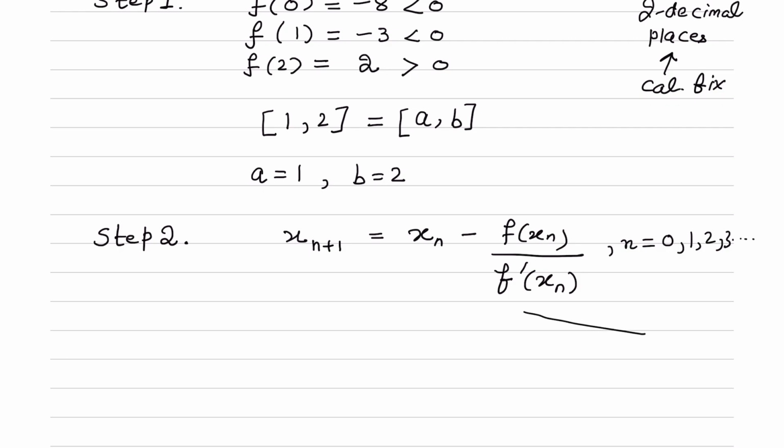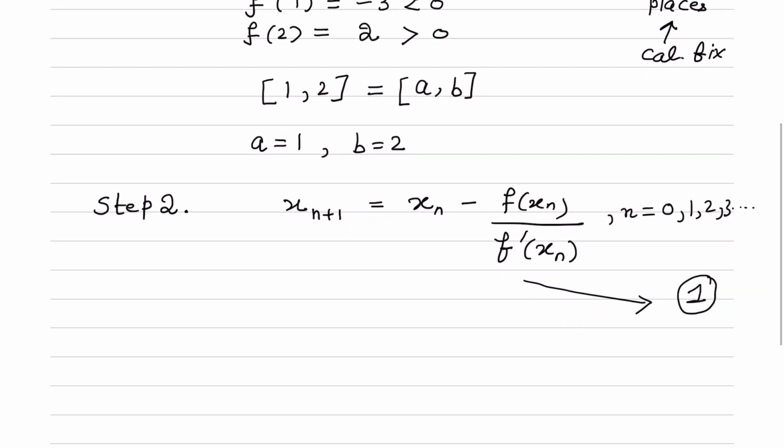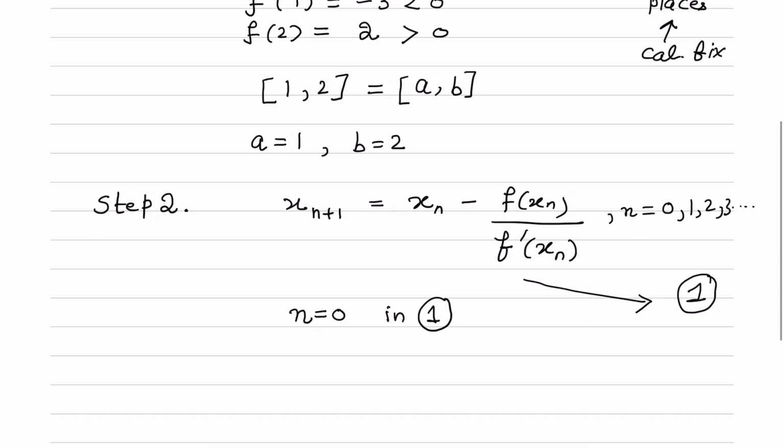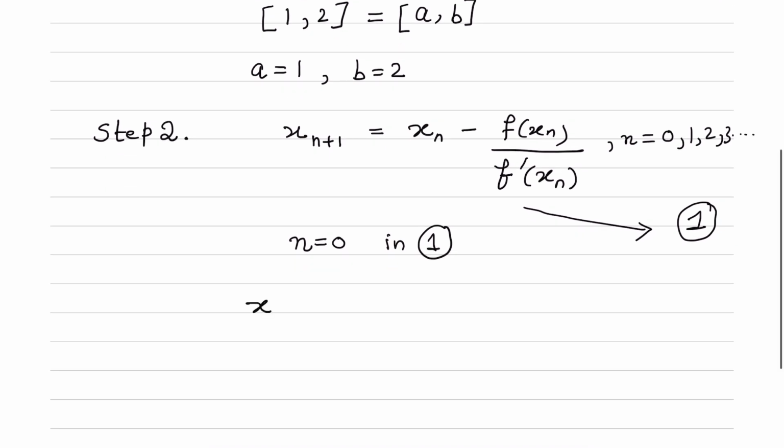Let's call this formula 1. Now if we have n equal to 0, in 1 we get x1 equal to x naught minus f of x naught over f dash x naught.